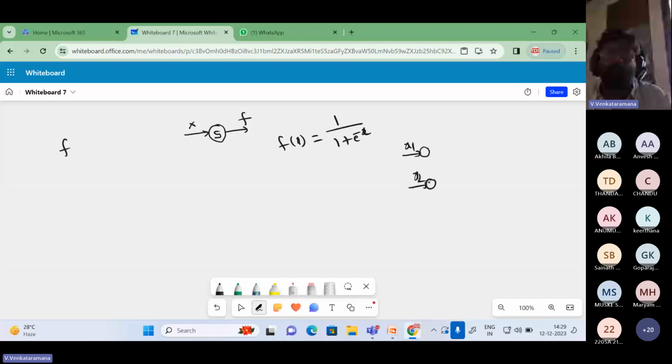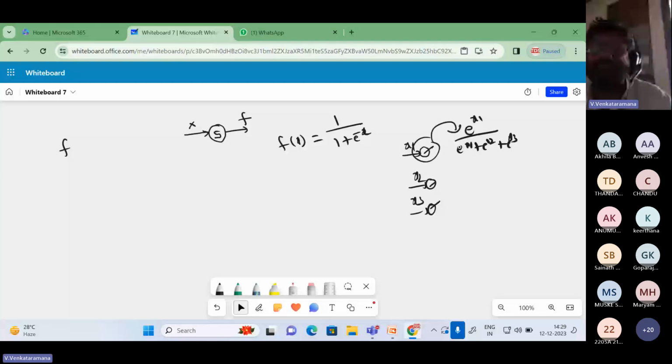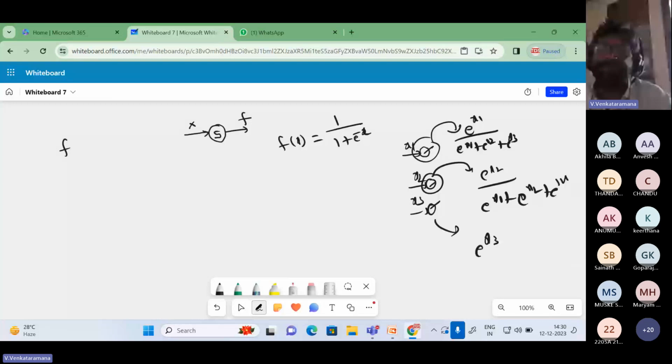If you use the softmax activation function here, then your output will be e power x1 divided by e power x1 plus e power x2 plus e power x3 for the first one. For the second, e power x2 divided by e power x1 plus e power x2 plus e power x3. And for x3, e power x3 divided by e power x1 plus e power x2 plus e power x3. That's how we calculate the output. This is called the softmax activation function, and the earlier one is the sigmoid activation function.